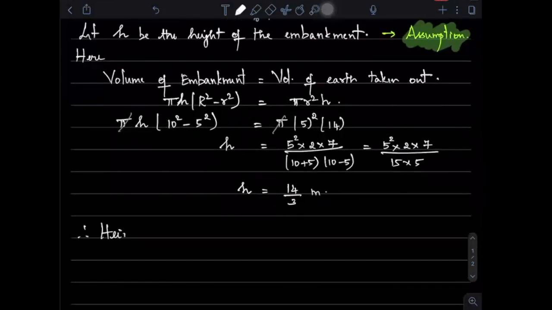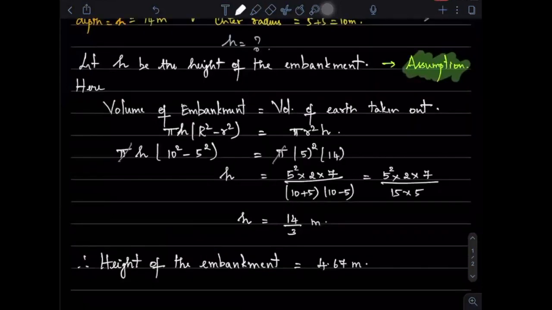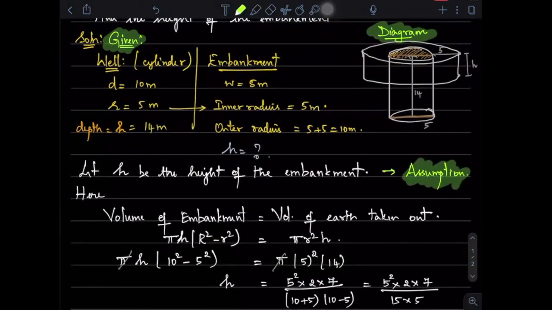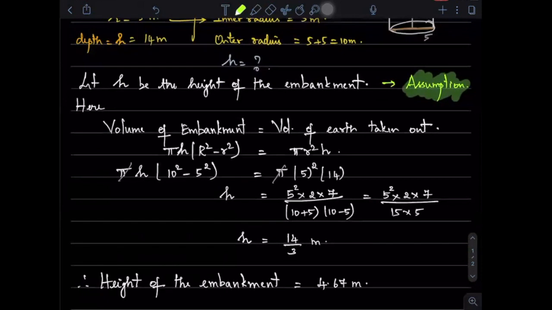Let me tell you what I did in this problem. I'm not trying to teach you this problem, but through it I'm trying to tell you how to write this type of problems in mensuration. It is equal to 4.67 meters, in 2 digits. So please remember again, you write the given, diagram, assumption, and the formula.